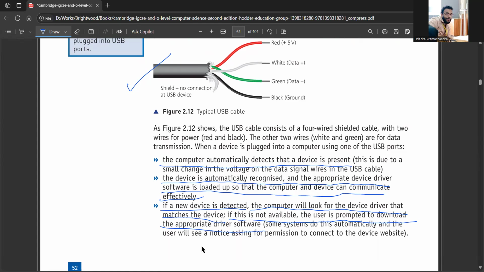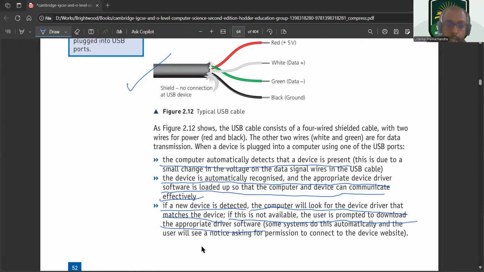These are the important points. First, the computer automatically detects that the device is present. Secondly, the device is automatically recognized and the appropriate device driver software is loaded onto the computer, so the device can communicate effectively.